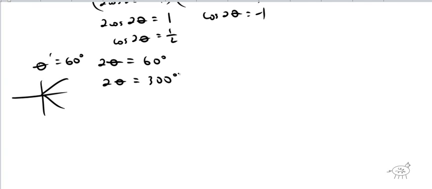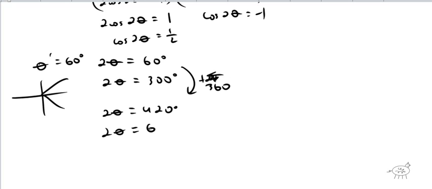And then remember, there are double the number of answers, so I need to add 2 pi to those, or really 360. So you also get 2 theta is equal to 420, and 2 theta is equal to 660. And for this one, cosine of 2 theta is -1. Well, isn't that at pi or 180? So I get 2 theta equals 180.